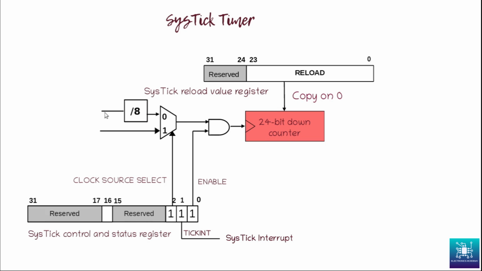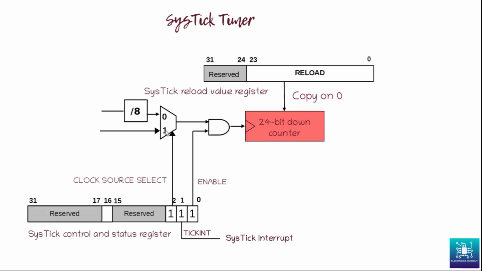Now the clock can go in 2 ways. Whatever the clock frequency is, for example 80 megahertz, it can go straight into the timer, or it can go via a divide by 8 prescaler.